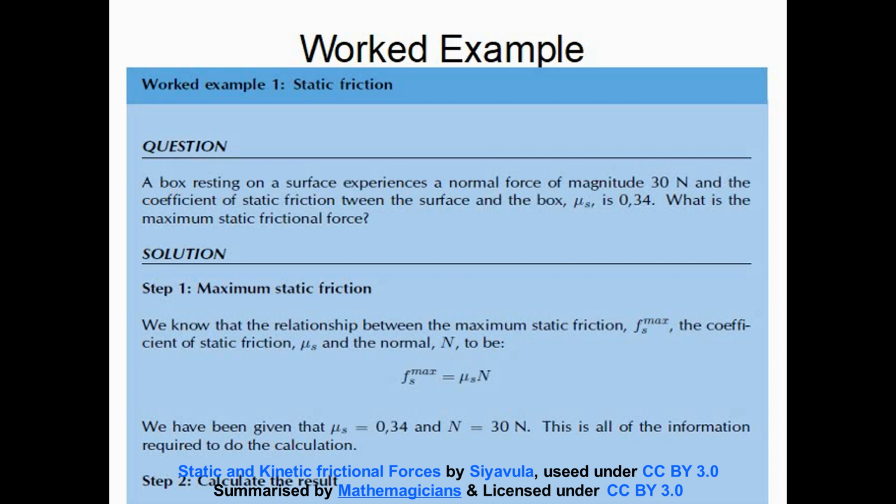This is all the information we need to work out the maximum static friction. We have written it down, so we know what is required of us.